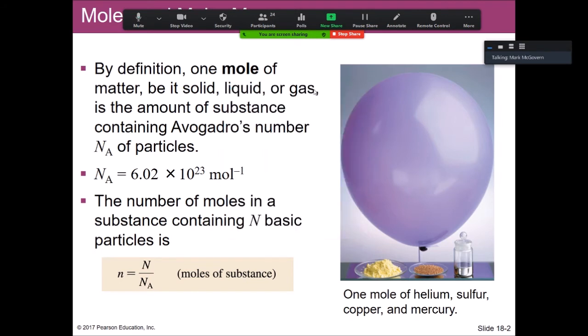So anyway, if you want to determine the number of moles in a particular substance, you can do that by calculating how many molecules you have in something and dividing it by Avogadro's number. Okay, so for example, well, we'll do examples. You'll see how this works as we move along.